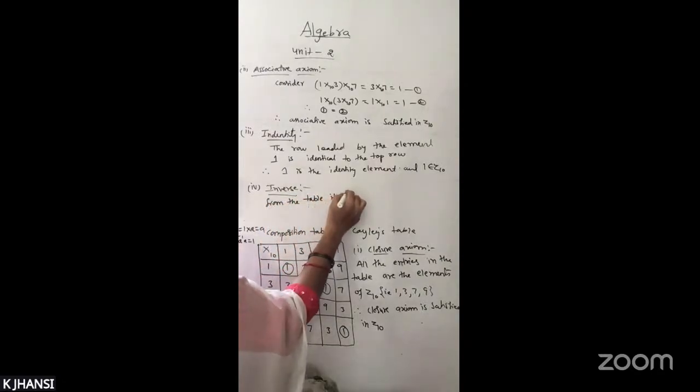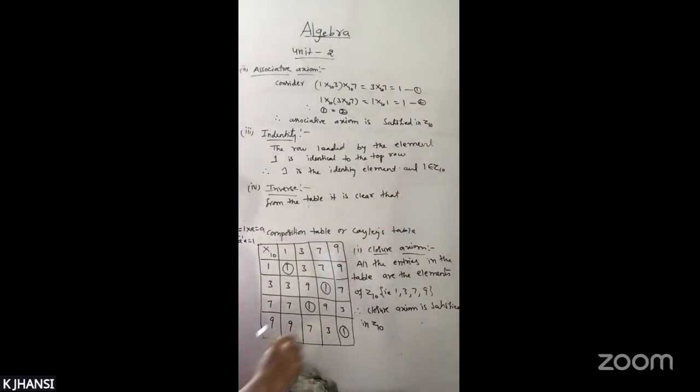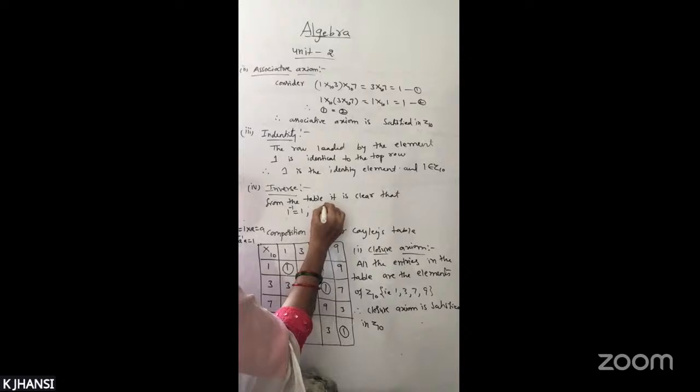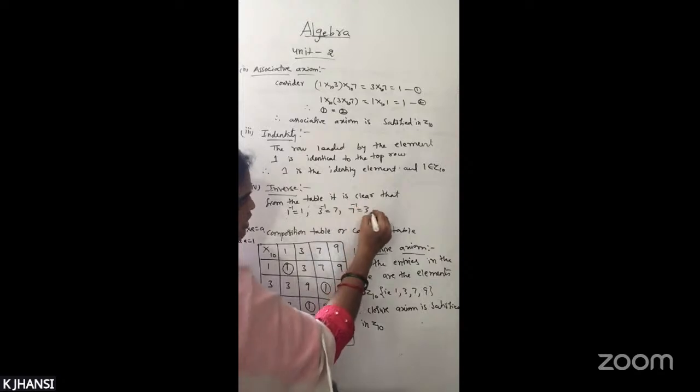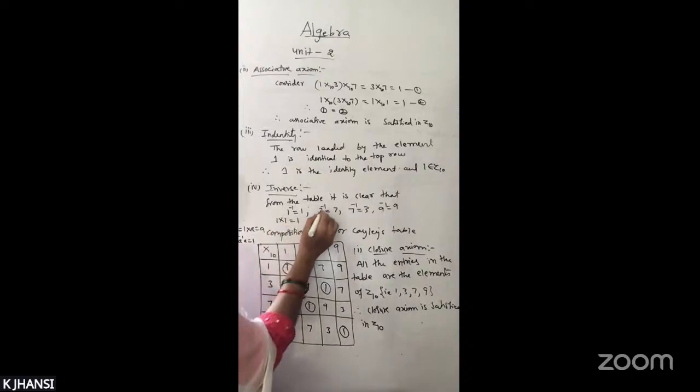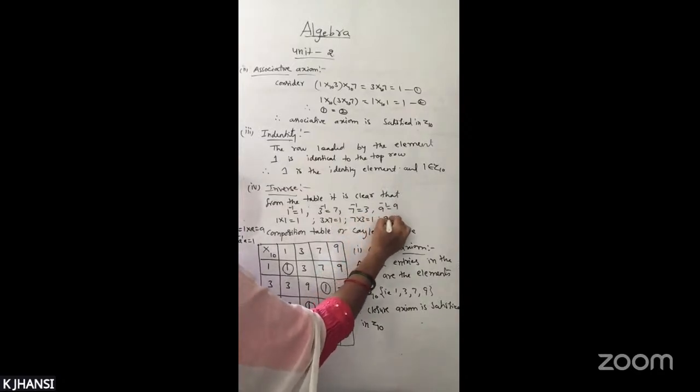From the table, it is clear that 1 inverse is equal to 1, 3 inverse equals 7, 7 inverse equals 3, and also 9 inverse equals 9. That means 1 into 1 is equal to 1, 3 into 7 is equal to 1, 7 into 3 is equal to 1, and 9 into 9 equals 1.